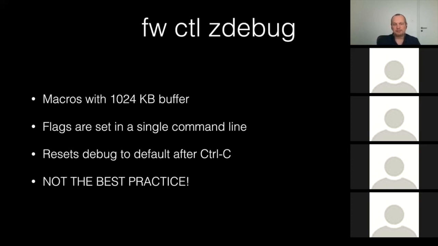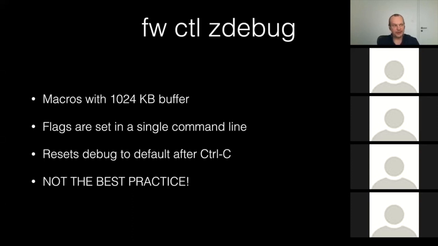So my personal issue with fw ctl zdebug, which was an undocumented feature for a long time and now leaked out to the field and to SecureKnowledge, my personal problem with this is that it does not provide you flexible control. You don't control the buffer.